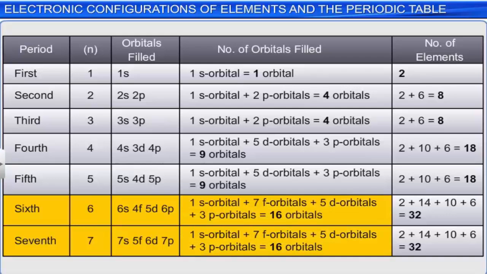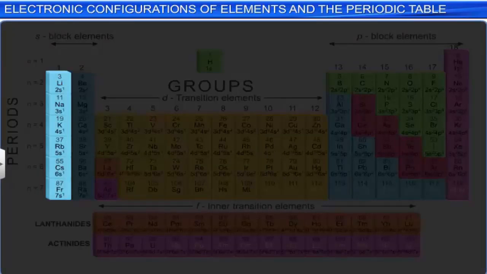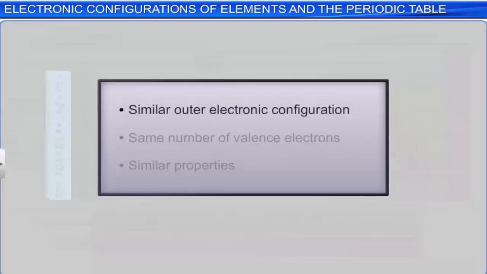The classification of elements across periods results in vertical columns of elements that have similar outer electronic configuration, same number of valence electrons, and therefore similar properties. In other words, they belong to the same family or group.